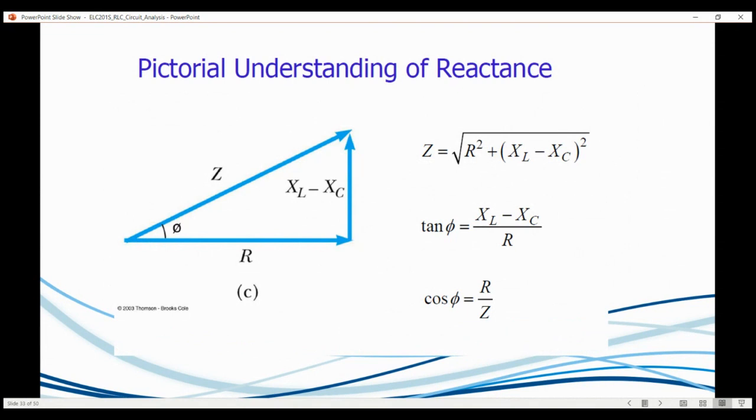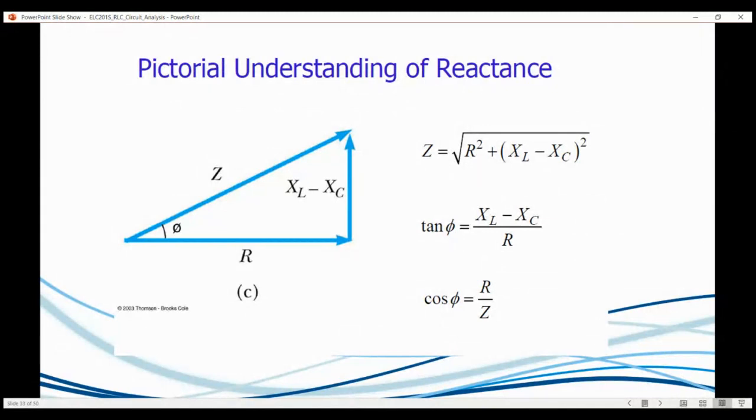If you think about it, it's actually two vectors, because they both have an angle to them. Remember that we discussed that in an inductor the current lags the voltage, and in a capacitor the current leads the voltage. That means there's some kind of phase shift happening. The resistance has no angle, no phase shift, because it's in phase with the voltage.